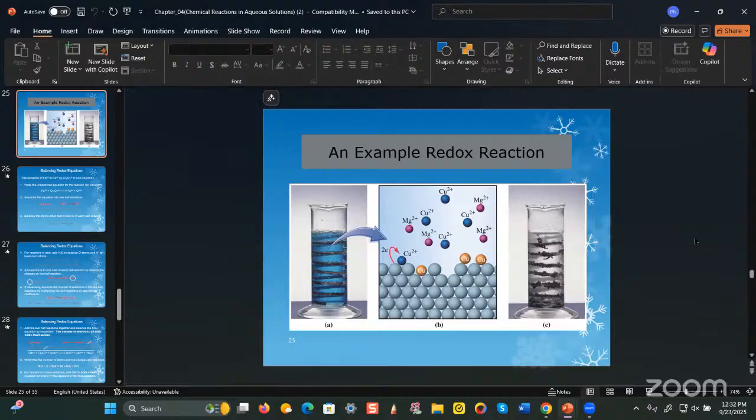Now, before we get to that, I want to remind you of where we left off the last time. Please tell me if I'm wrong, but this is the example of a redox reaction that I mentioned earlier.